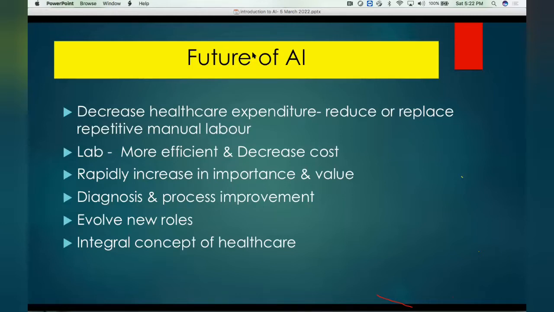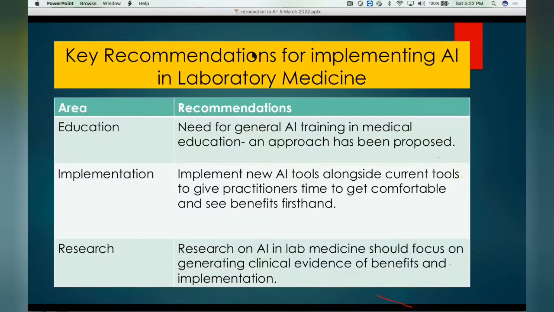And in the future, this technology will help us in developing newer tests and in identifying the role of existing tests in better patient care. In precision medicine also, it has a definite role, and in the coming time, it will become an integral concept of healthcare.